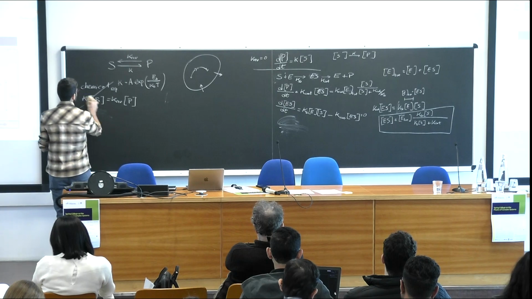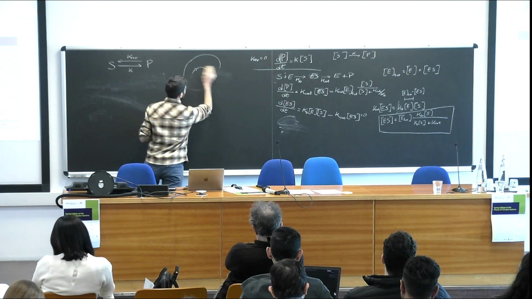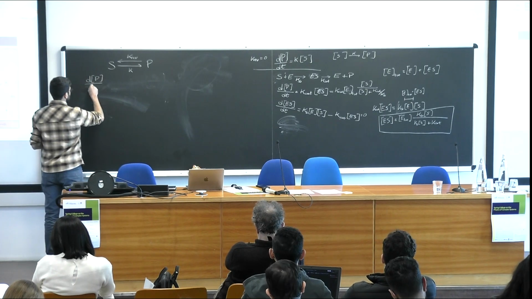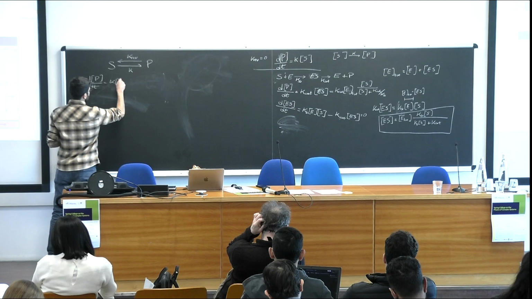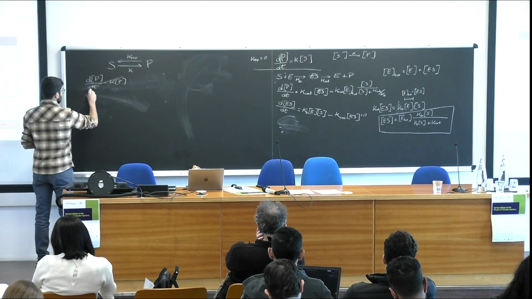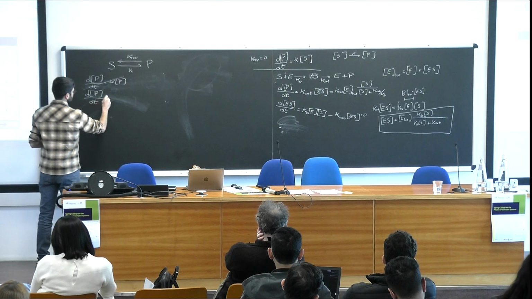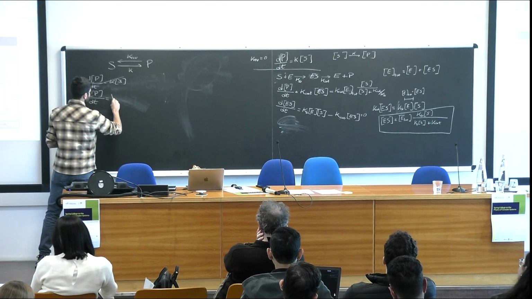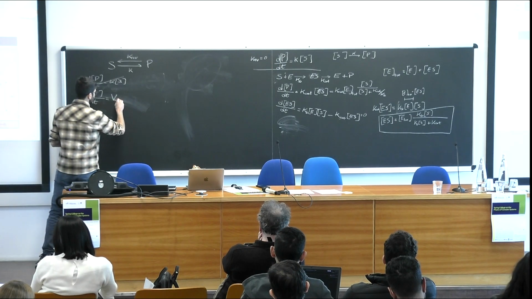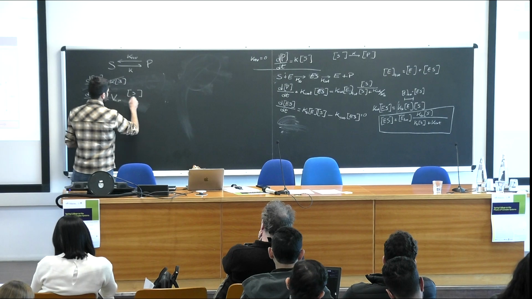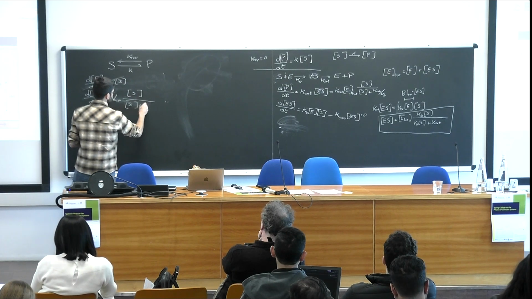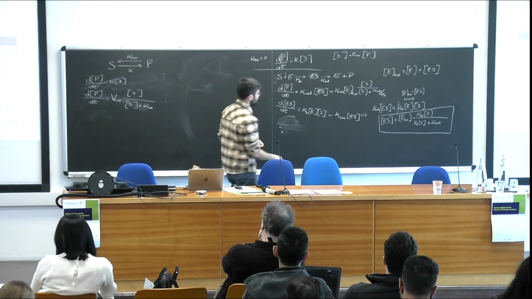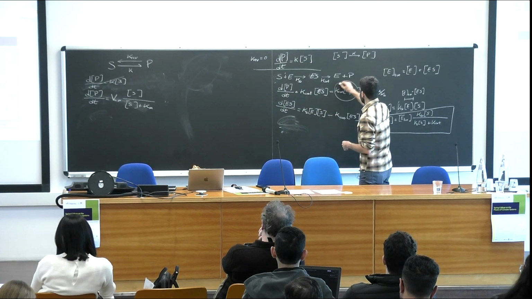So what we started from is that we had dp dt equal to kp S, but now what we have is dp dt equal to some parameter V max, S over S plus Km, okay? Where this V max and Km are equal to this term here.